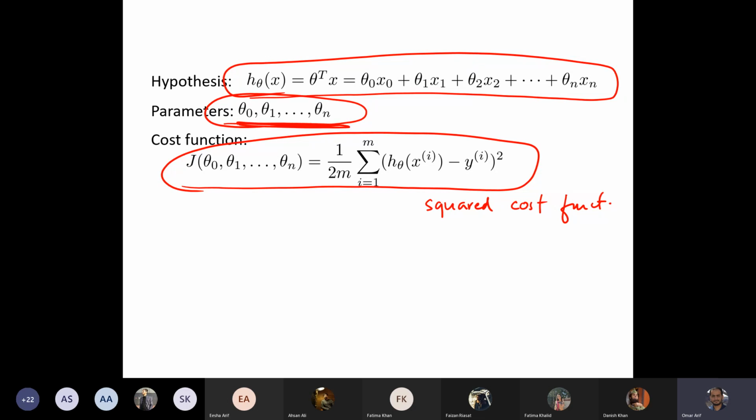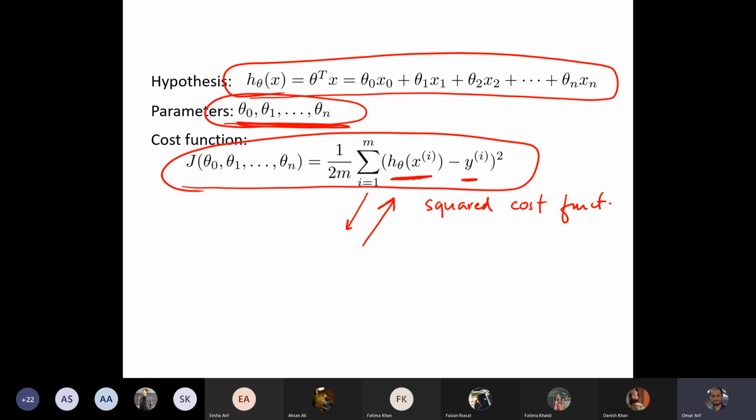So I want to find such parameters theta 0 to theta n which are going to minimize my objective function. Basically, whatever prediction I am making using the parameters minus the ground truth value, taking the square and summing over all the training example errors, it will give me the total cost. I want to minimize that.